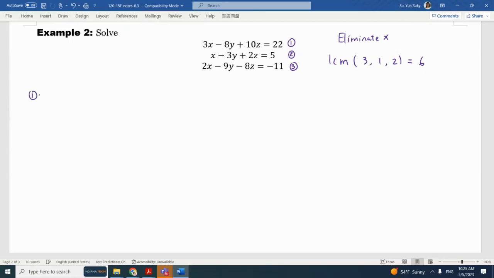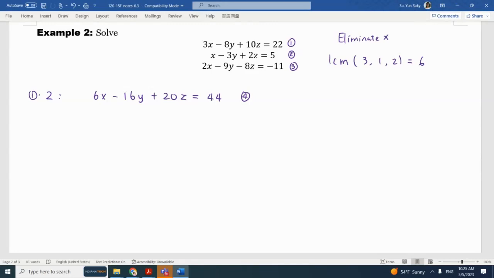Equation 1, what number do we want to multiply? 2, yes. If you multiply by 2, could you tell me what the equation is? Thank you. And we call this equation 4.